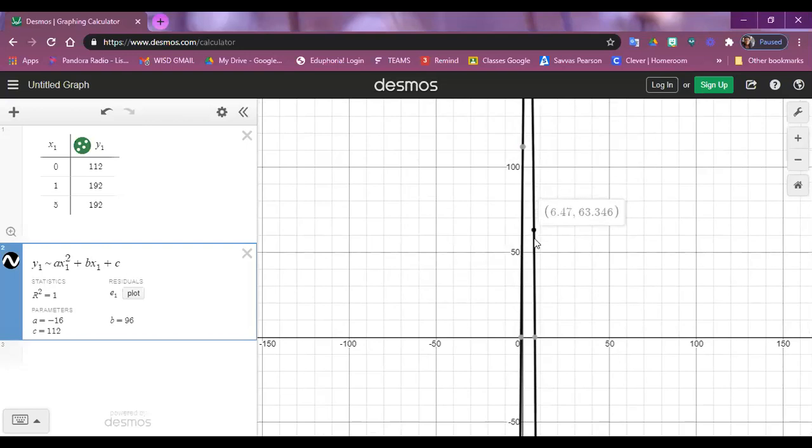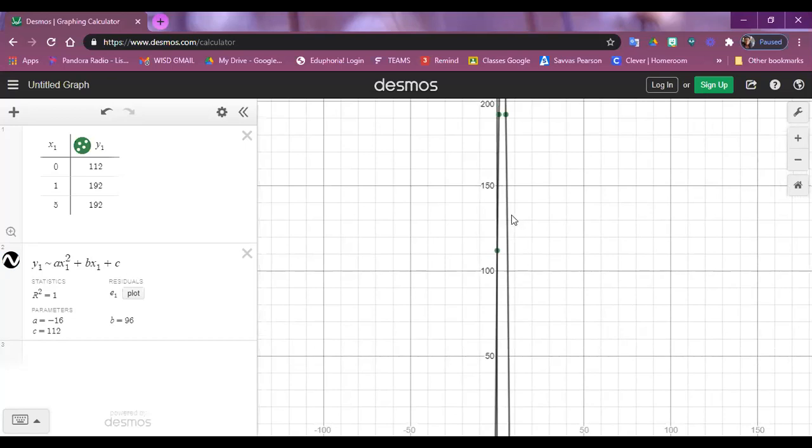I can find 7 seconds. And where was I at 7 seconds? 0. I can look for 4 seconds. All I'm doing is taking my cursor, clicking and hovering it over the graph.